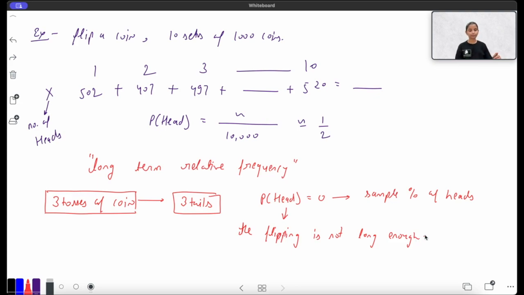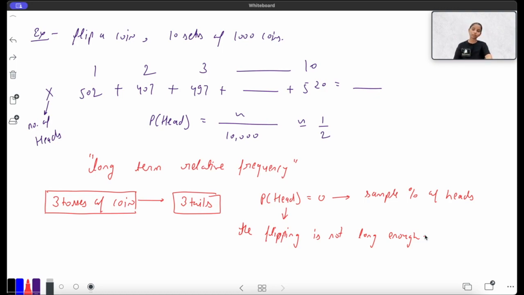In the classical approach, or the frequentist approach, it is based on the assumption that we will be able to repeat the experiment a larger number of times. And this scenario is not feasible in so many cases, because we won't be able to repeat the experiment a larger number of times.